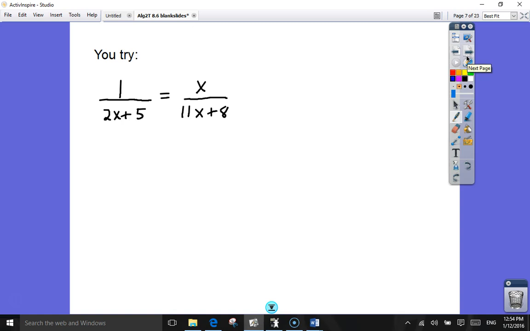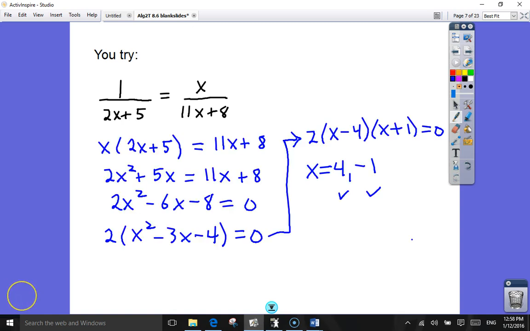Okay, try that one. All right, cross multiply. You did the cross multiplying correct. You multiplied to get the x squared. It was a quadratic. Now, that's where half went one way and half went the other. But remember, with quadratics, you need to get everything on one side, 0 on the other.